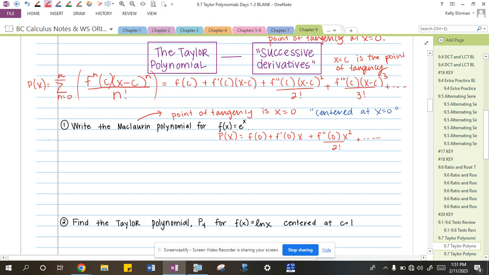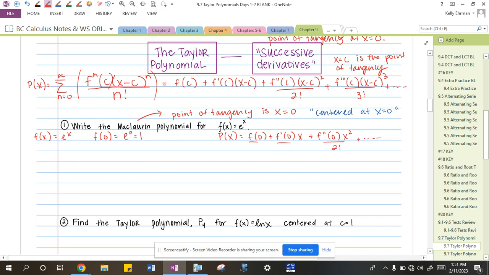So we need to come up with what these values are going to be. Let's take this to 4 derivatives just so that we have enough information. I always start like this. I like to write out what f of x is, so I have something to work with. First thing I'm supposed to do is plug in the center, which is 0.